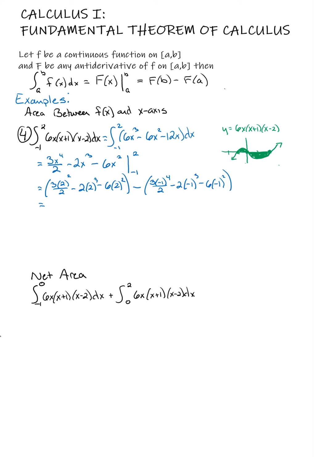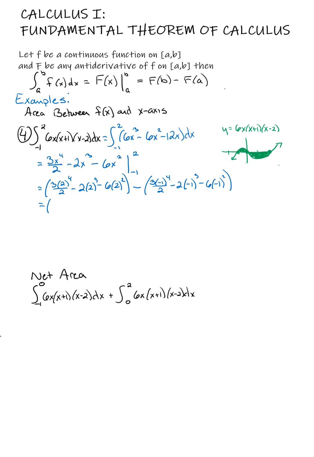If we simplify all this, there are a number of ways of going through this arithmetic. And by the way, this is supposed to be a 4 there. So that gives us 16 minus, no, that's not right.